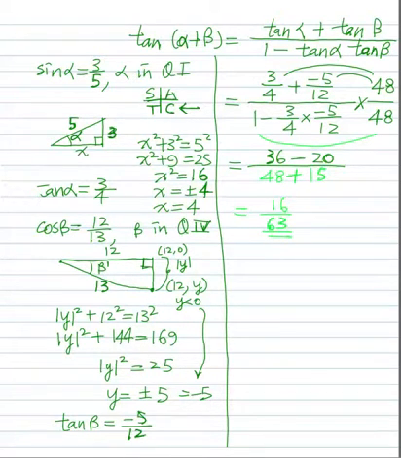In the denominator, 48 times 1, we have 48. Negative times negative, positive. We put a plus there. 48 divided by 4 divided by 12 is 1. And 3 times 5 is 15. Then the answer is 16 over 63.